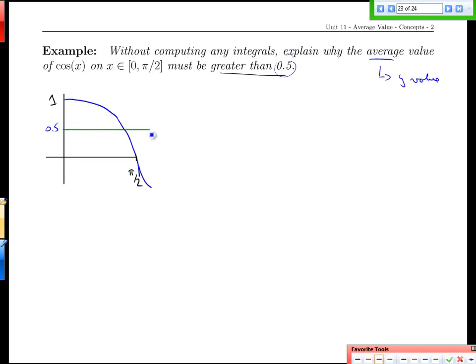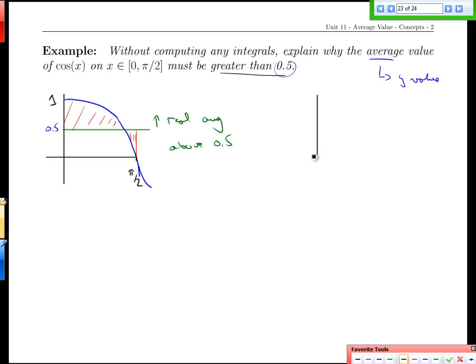Well, as soon as we draw this line, it's pretty clear graphically, because the area above that line and the area below that line are not symmetric. So we would have to move the average up further. The real average has to be above 0.5.